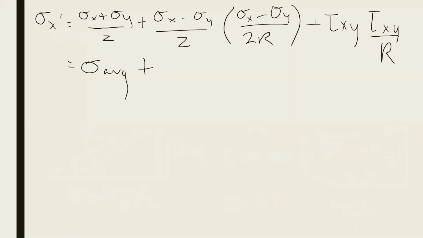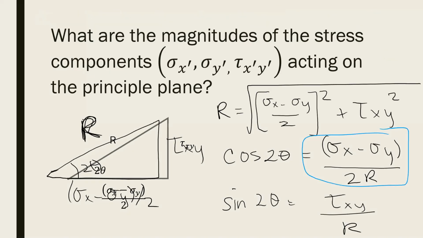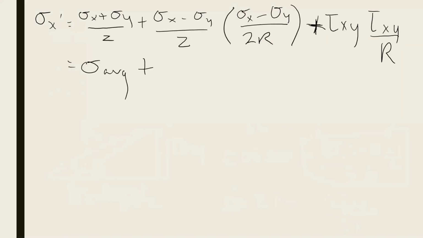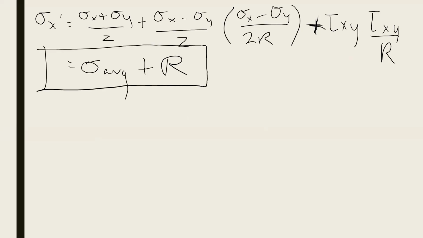This should be plus. I don't know why I have a minus there. Plus tau xy squared. Okay, so if we look back at the definition of R, it's the square root of sigma x minus sigma y over 2 quantity squared plus tau xy squared. So what do I have here? I have R squared over R, right? So that then simplifies to R. Nice.